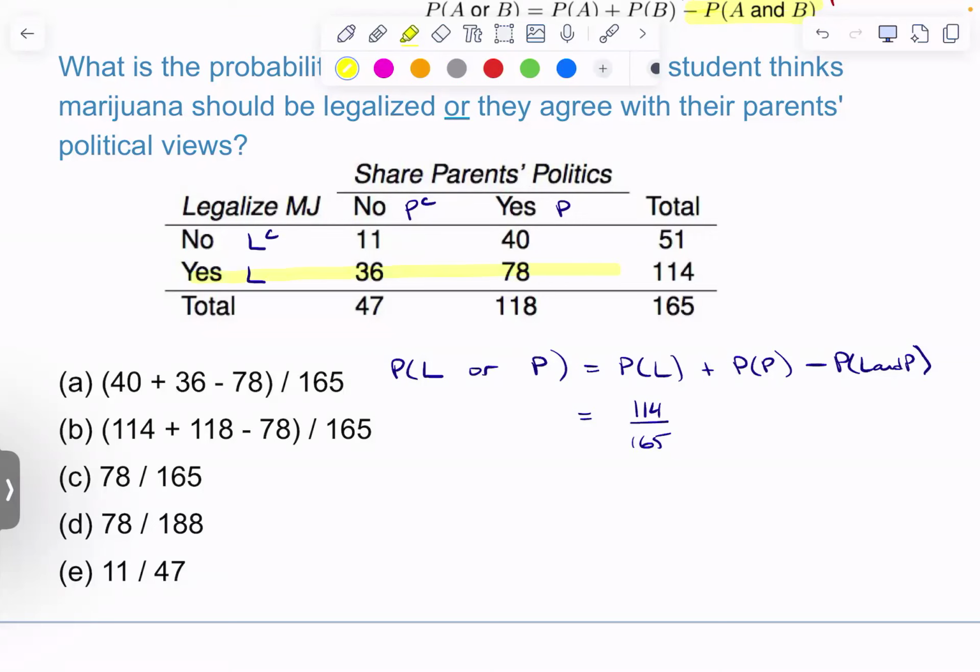So here, the probability that they share their parents' politics, that's this guy here, which is 118 out of 165.